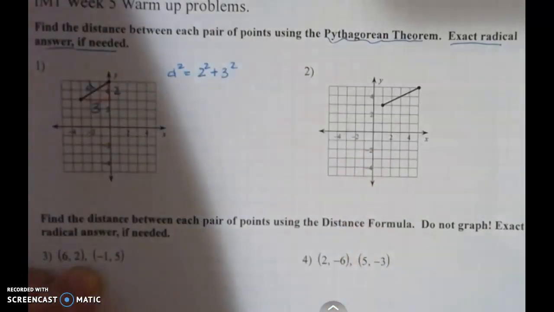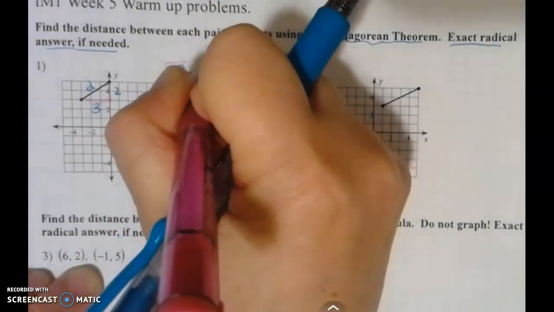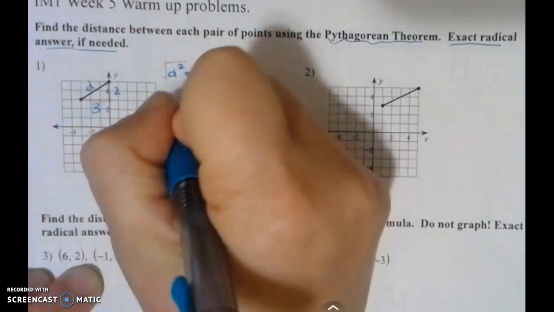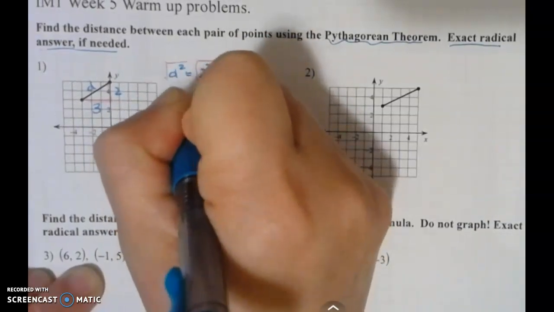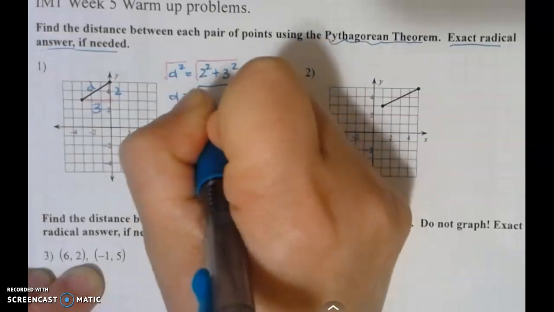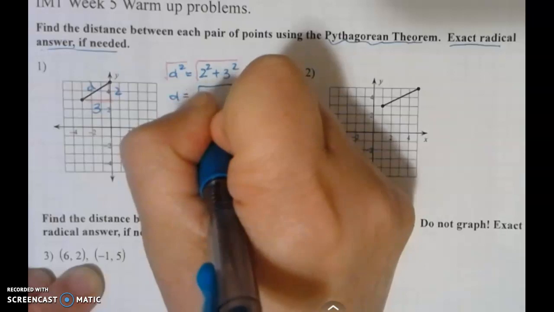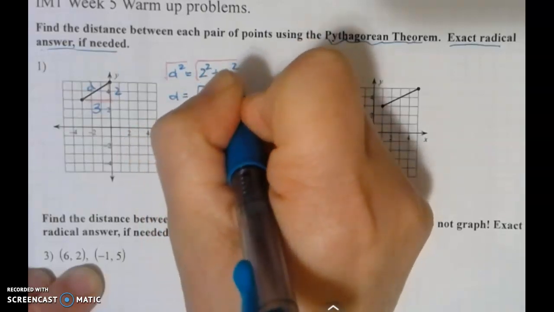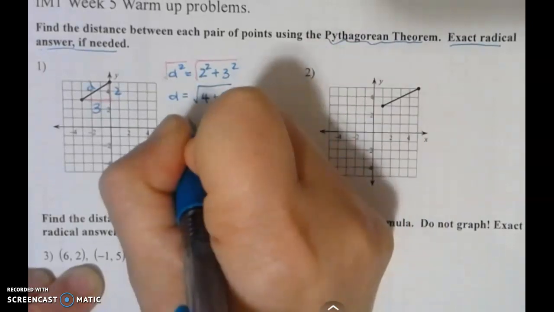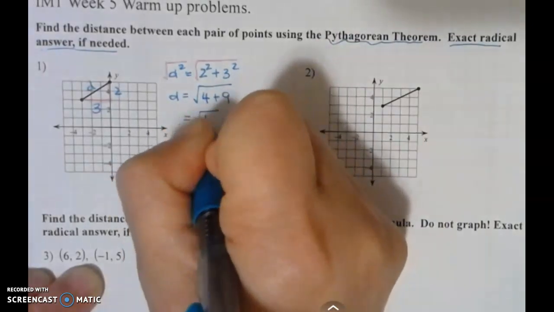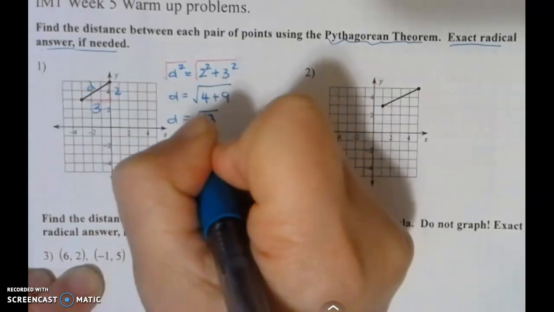If I take the square root of both sides, distance is the square root of 2 squared, which is 2 times 2 is 4, plus 3 squared, 3 times 3 is 9, and that is the square root of 13. So distance is the square root of 13.